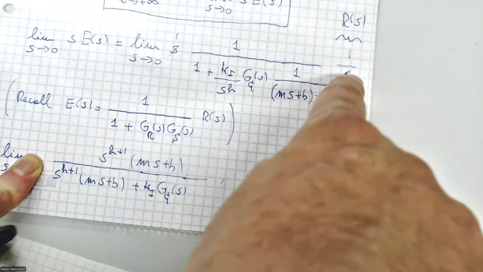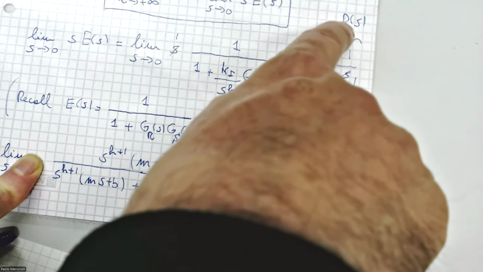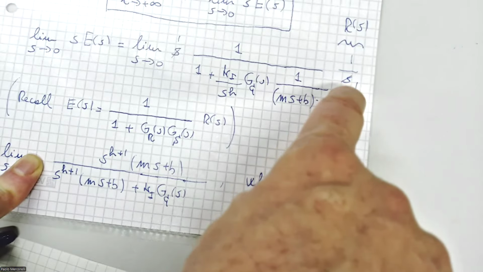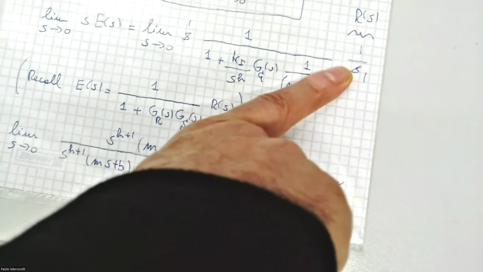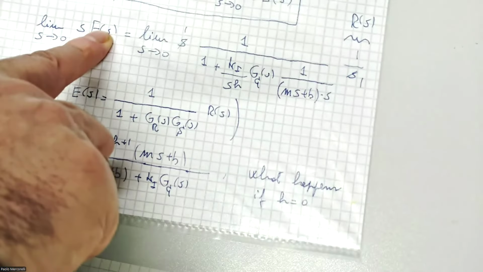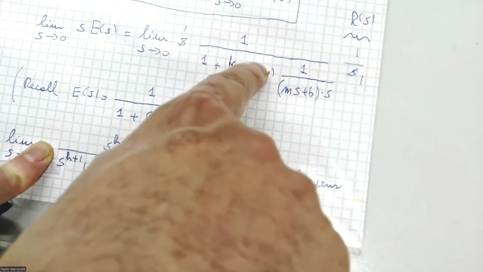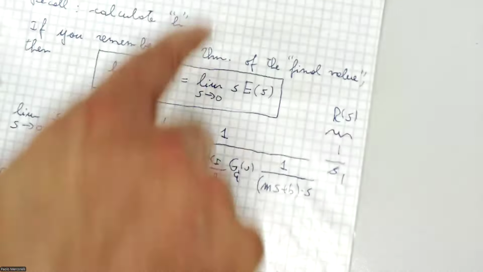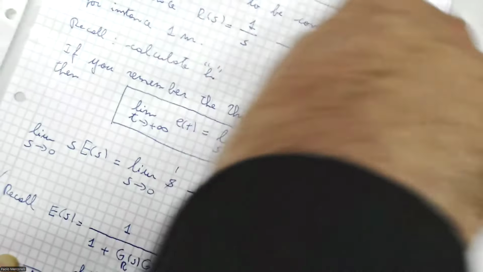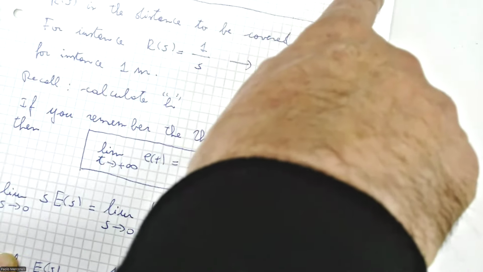But if I multiply the transfer function by R(s), the Laplace transform of my goal, which disturbs me because I have to reach this, it is exactly E(s). This part here: transfer function multiplied by this. The transfer function, do you remember? 1 divided by what I have between E(s) and X(s).